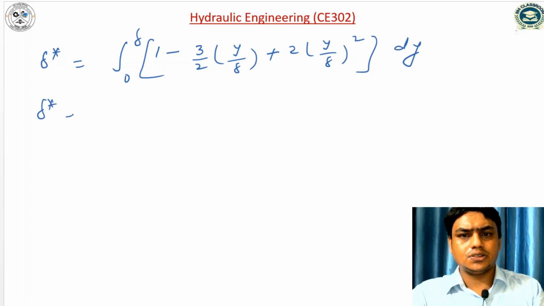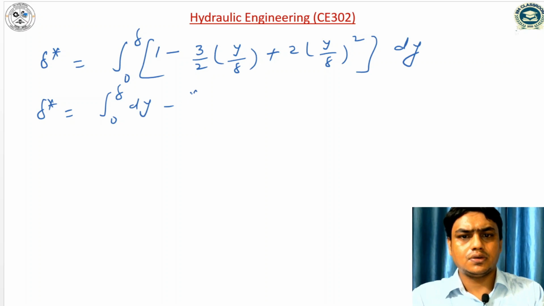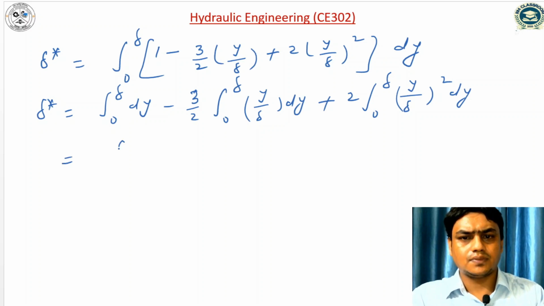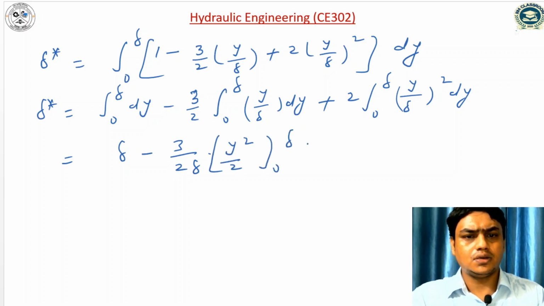So the delta star is equal to integral 0 to delta dy minus 3 by 2 integral 0 to delta y by delta into dy plus 2 integral 0 to delta y by delta whole square into dy. So it is delta minus 3 by 2 delta into y square by 2 running from 0 to delta plus 2 by delta square, y cube by 3 running from 0 to delta.